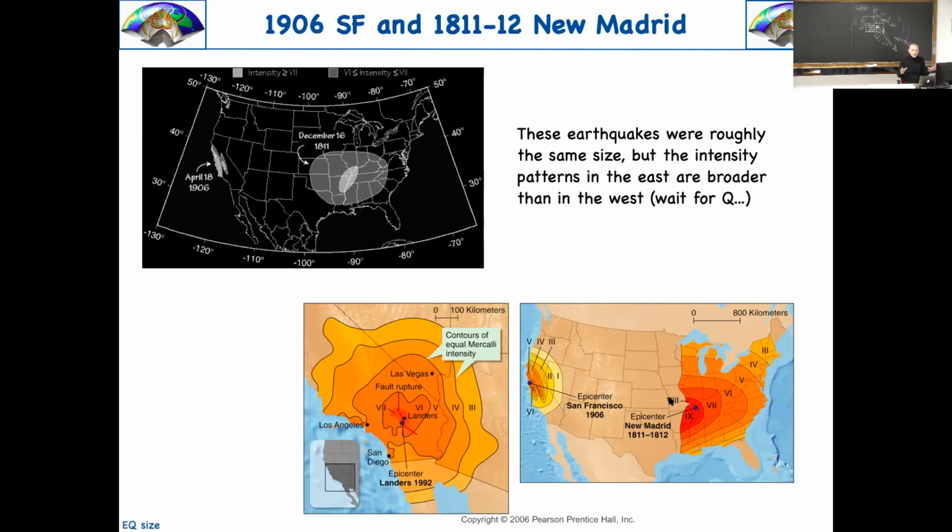Looking at these maps, you immediately have a feeling that intensity is telling us something, but it's a very essential descriptor of the effects of an earthquake, not an intrinsic measure of the energy of an earthquake. By the way, let me state it again, it's an invaluable tool because it's the only one that we can use to estimate earthquakes in the past, like earthquakes in the ancient Mediterranean area, or in China.